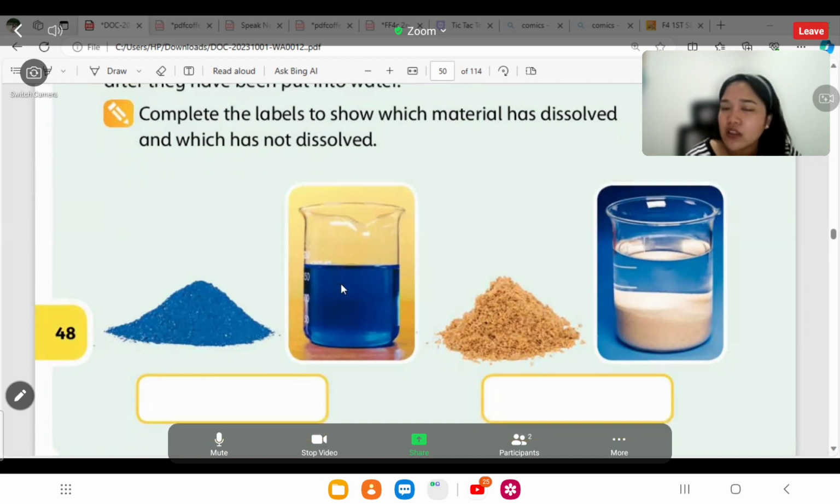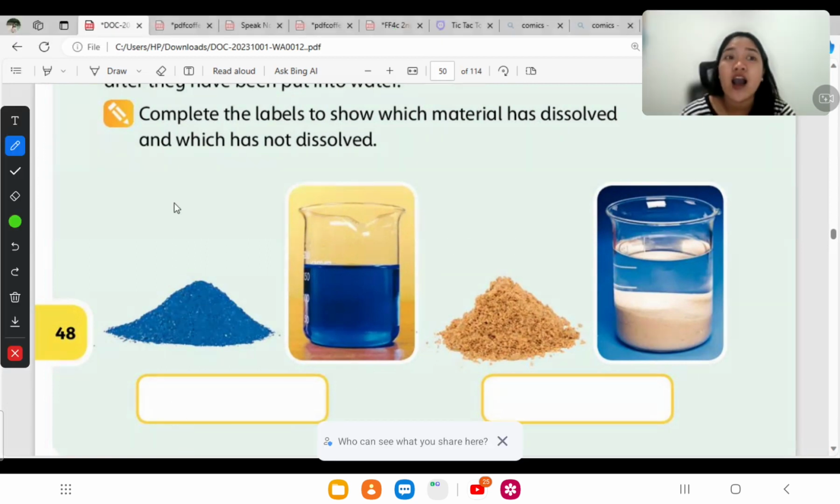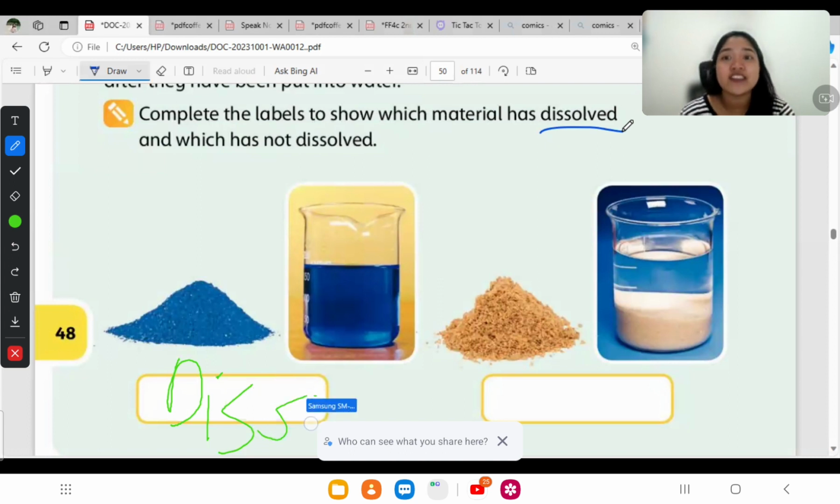So in the first picture, Isabel, does the material dissolve in the water? Yes or no? Yes. Okay, so let's write dissolved. D-I-S-S-O-L-V-E-D.